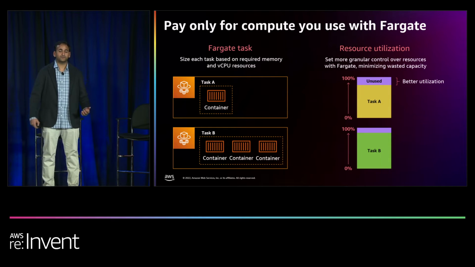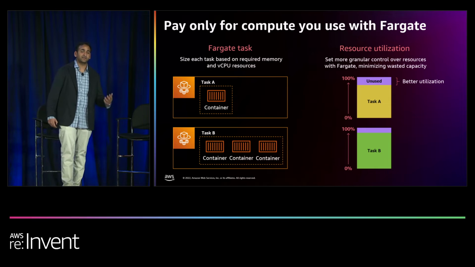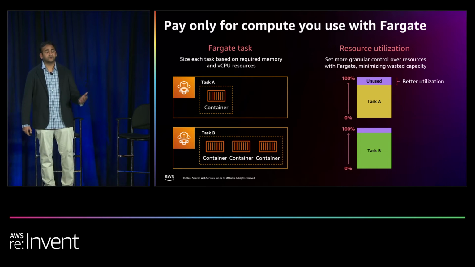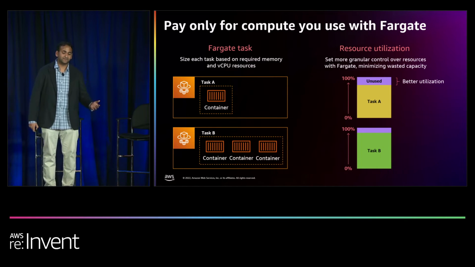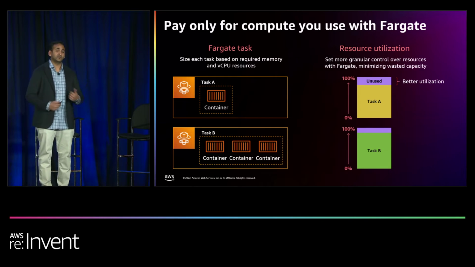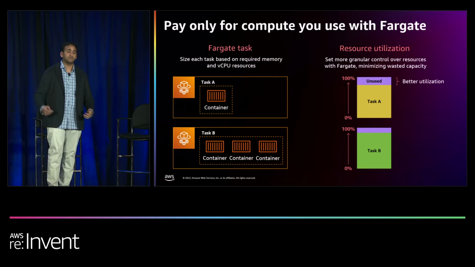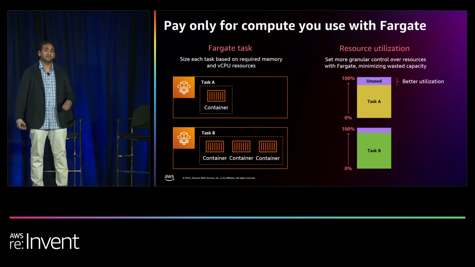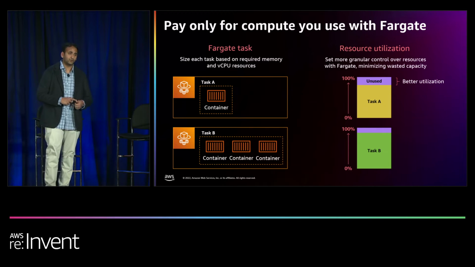So what if you didn't have to think about it at all and instead could just think about running compute? So with Fargate, you could simply do that. You don't need to worry about underlying host instances at all. You're just running tasks on compute that is provided by AWS. So what that means is that you only need to worry about the first two dimensions that we spoke about.